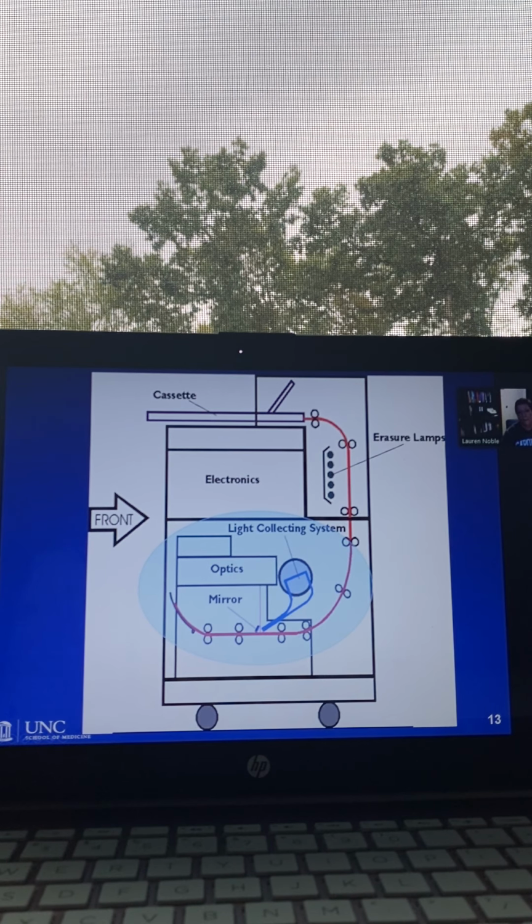So if you're more towards grossly overexposed, the unit will tell you, hey, I couldn't erase all the data. You need to do another erasure cycle. If you're up along the lines of detector saturation, you'll get a message that will say, basically, I can't handle all this data.